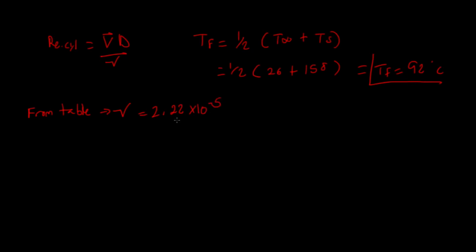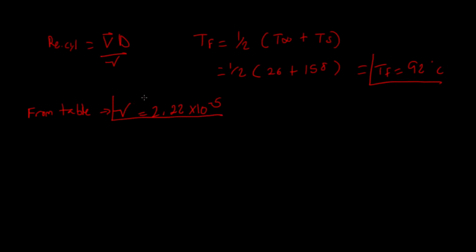Now I want to point out that on the air tables, it goes by 10 degree increments, and our temperature was not a nice even number, not divisible by 10. So I had to interpolate this value. Now I'm not going to go over that in this video. We've taken thermal fluids by now. We've taken thermodynamics. We've done plenty of interpolation. So I'm just going to give you the interpolated value, which is this right here. Okay. So we have our kinematic viscosity.